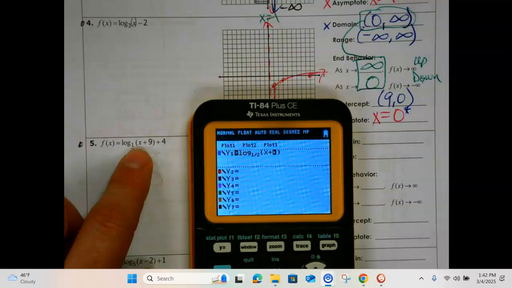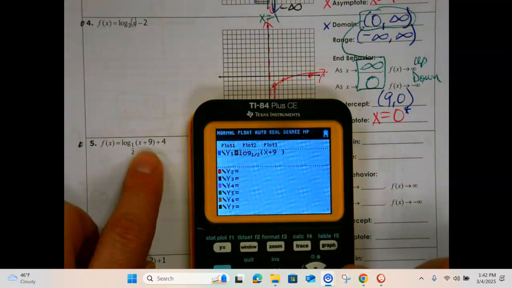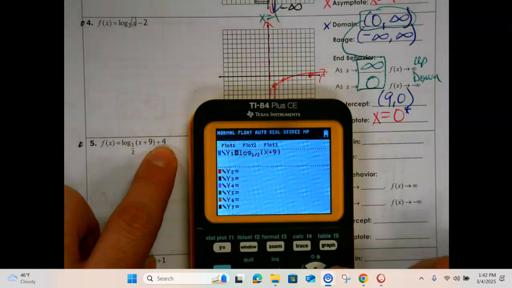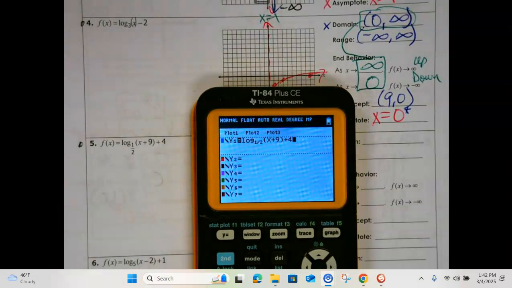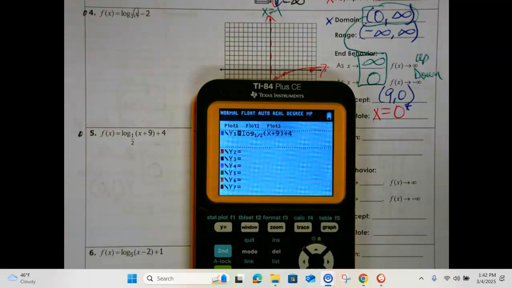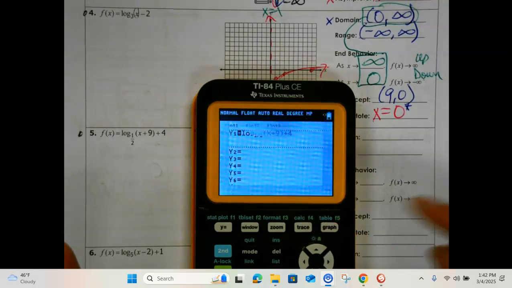X plus 9, that's all in parentheses, but the plus 4, you've got to write arrow first to get out of there. That plus 4 is not. So make sure the parentheses and everything is looking the same. Once you do, okay, we'll take a peek at this.